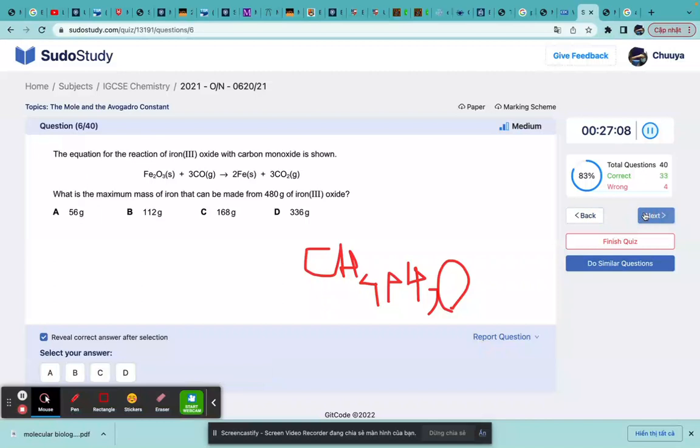Maximum mass of iron that can be made from. So you know that's 3 moles. 3. So this would give 3 moles of this.